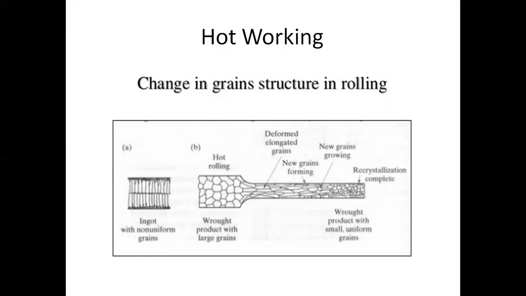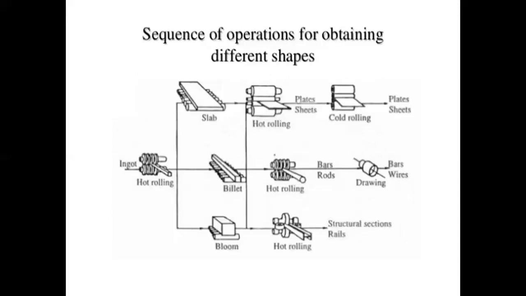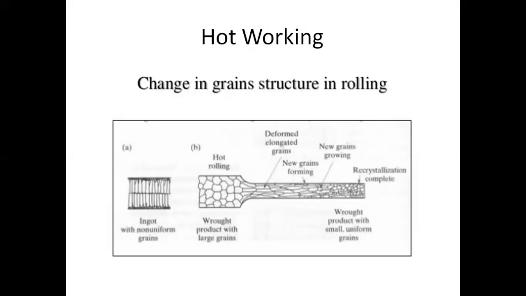A rolled object or any other kind of material, like a slab, billet or bloom, is heated. So it is about recrystallization of the material. So this is called hot rolling.